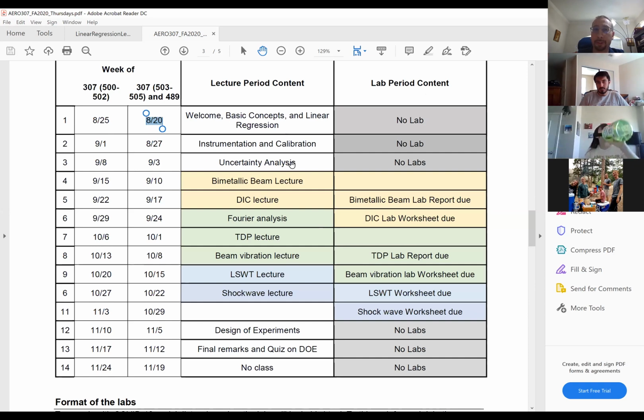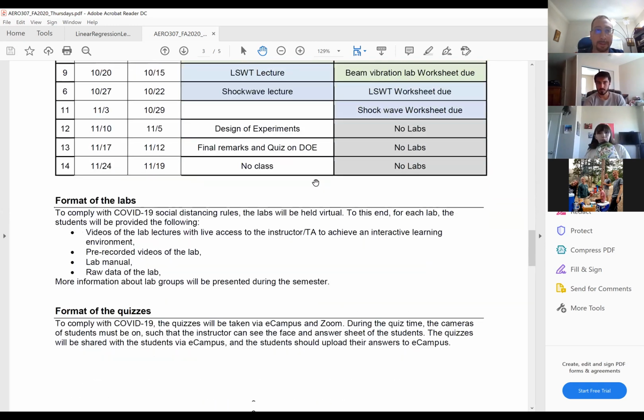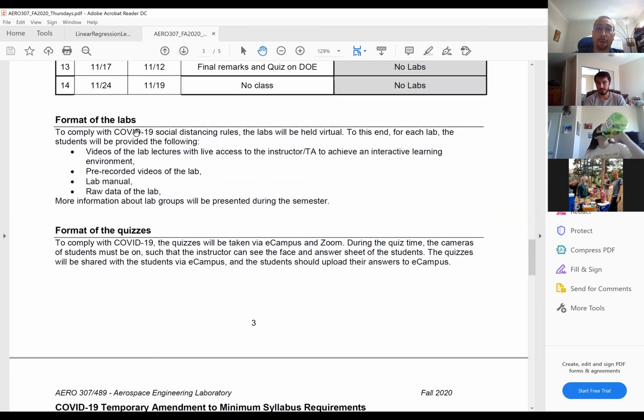The first 3 weeks are going to be primarily lectures so that you come up to speed and can run the experiments. The format of the labs is going to be virtual because we cannot do social distancing with the number of equipment we have.